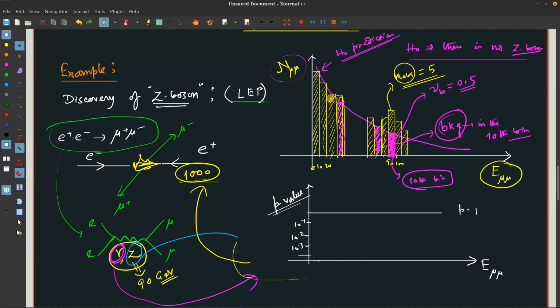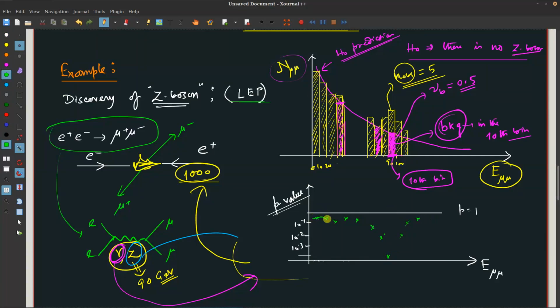That is only photon. So if you take the p-value data, then here you will get values close to 1, but slightly less than 1. But as you move close to this point, your p-value will start to fall.